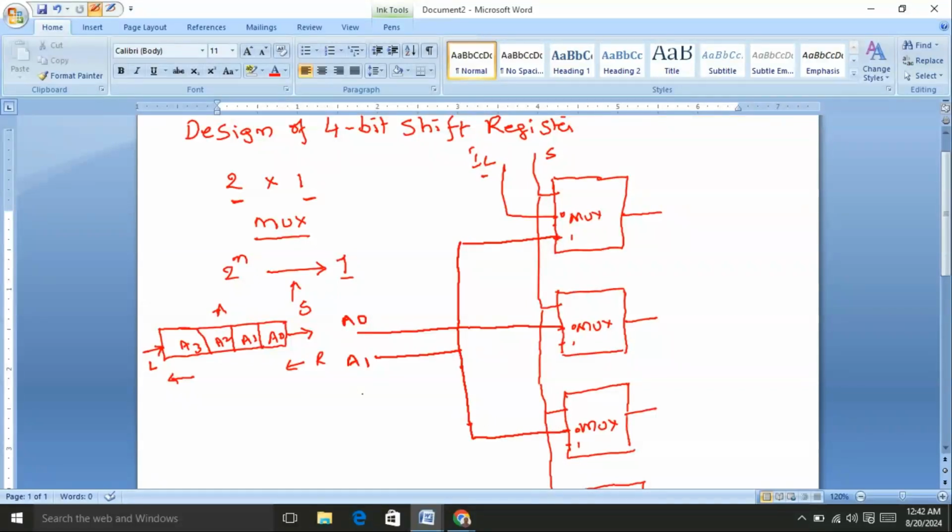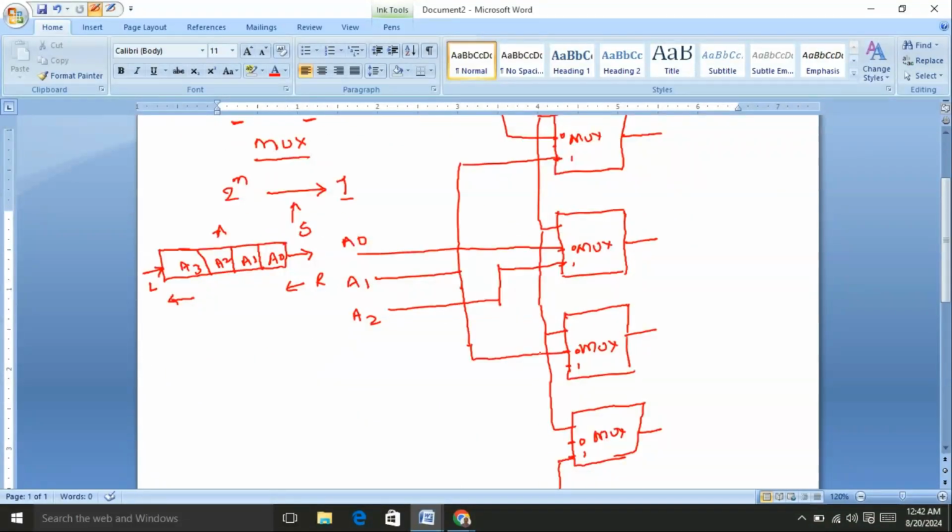The bit A2 is connected to the second and the remaining input of the fourth multiplexer.